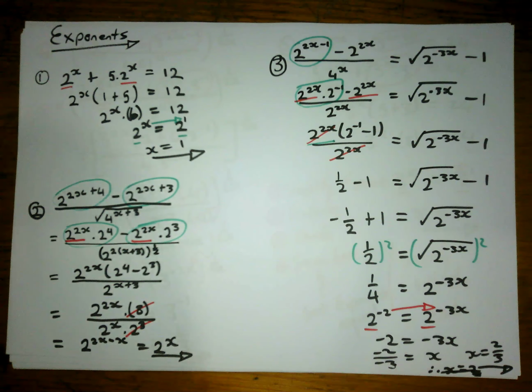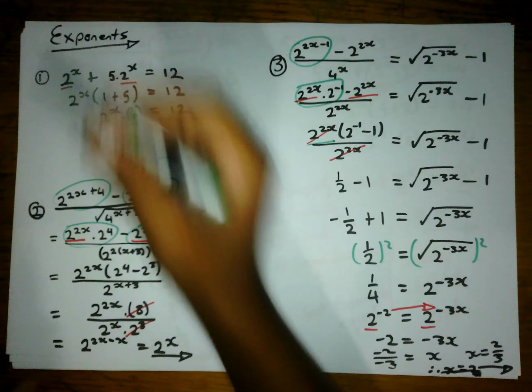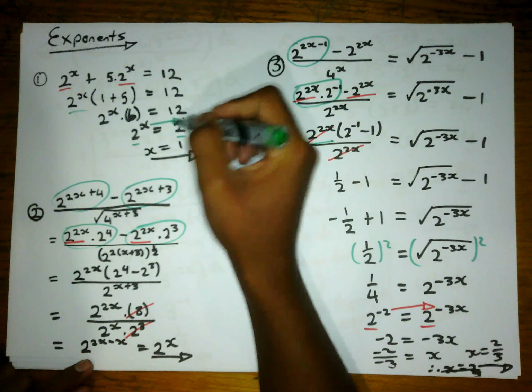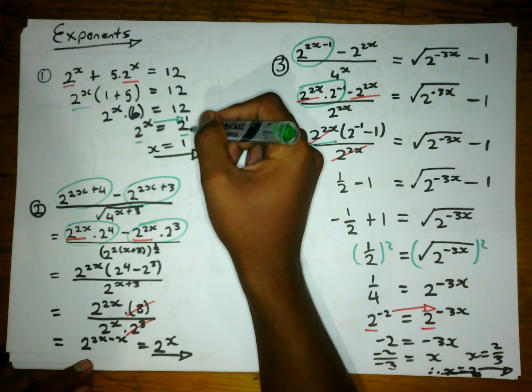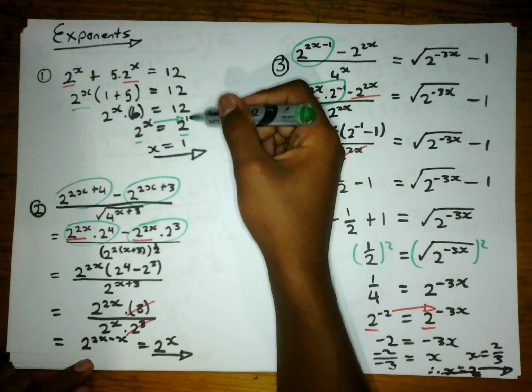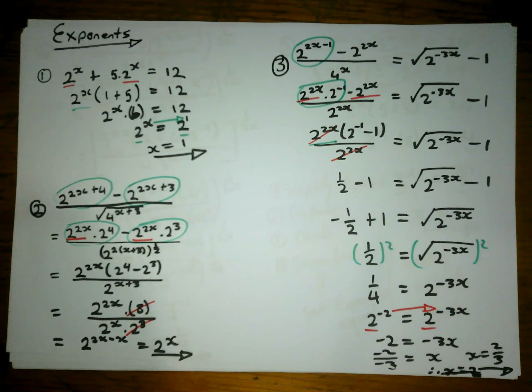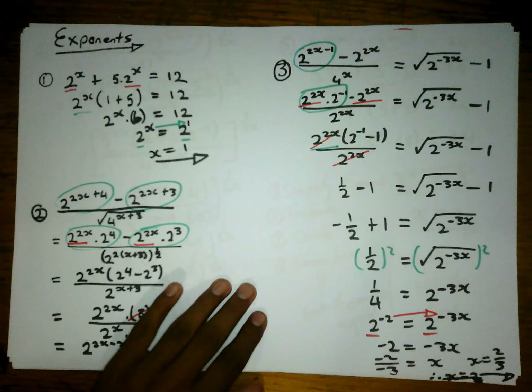And this is the method. It will always be the same. Over here, we factorize immediately. Then we divide with a 6, set the exponents equal to each other because the bases are equal, and then that's our answer. So always the methods will remain the same. Always.